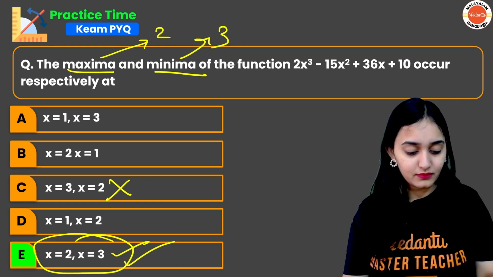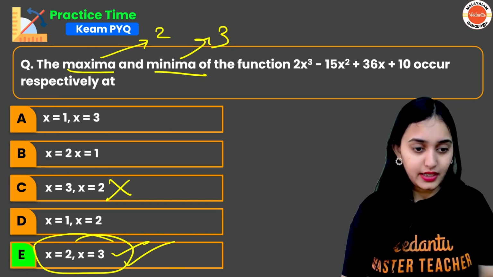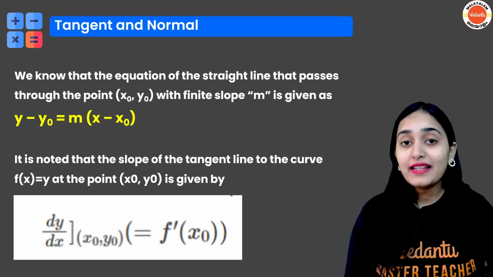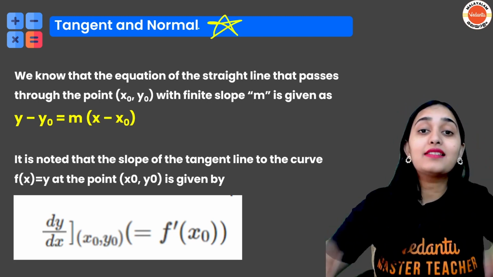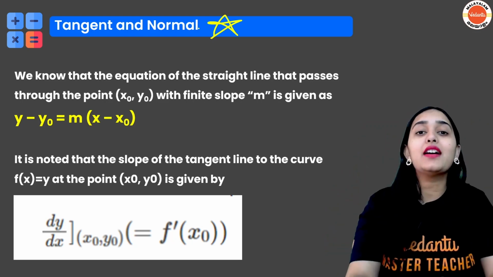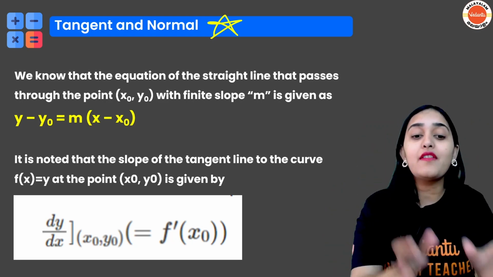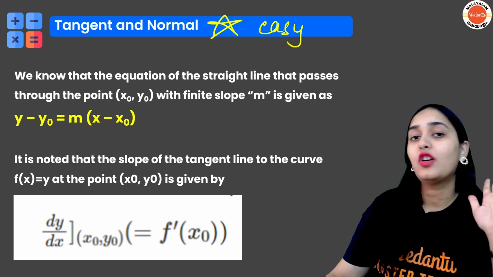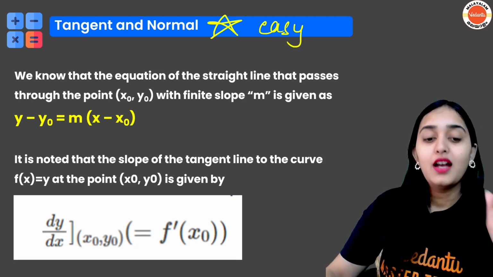Okay. Last topic of this chapter, super easy topic, and this is asked literally every year 1 or 2 question. Every year 1 or 2 question. Super easy topic. Directly you can solve this. Okay, very easy.